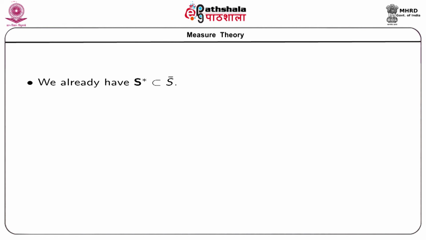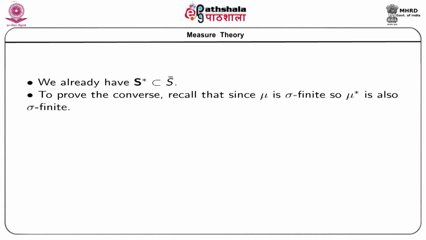From the above lemma, we already know that S star is a subset of S bar. To prove the converse, recall that if the original measure mu is sigma finite, then the induced outer measure mu star is also sigma finite.